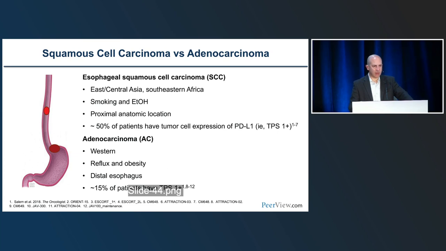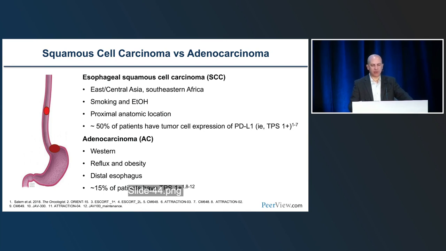The big distinction on an epidemiology level is listed here. Esophageal squamous cell carcinoma is quite a bit more common, in fact one of the most common cancers in the world in Southeast Asia, which has typically been associated with smoking and alcohol.